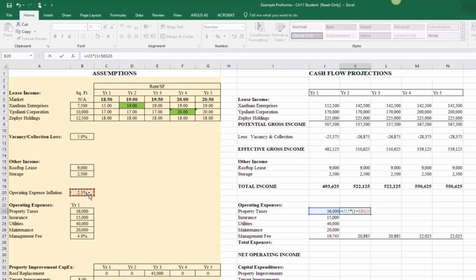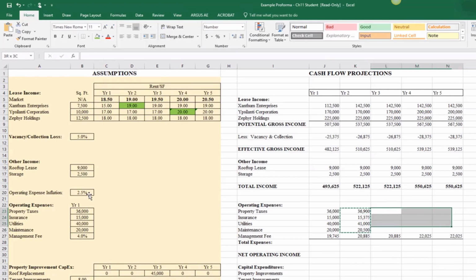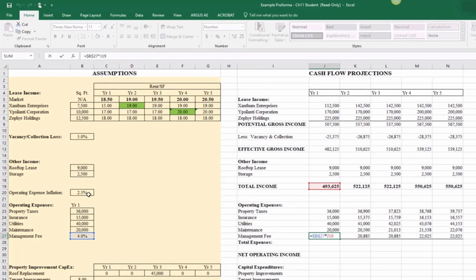I'm going to hit the F4 key to lock that in, and I do indeed get the 2.5% growth right there, and I can copy that down to each of these cells, and it's growing at the appropriate rate, 2.5%. If I copy that now all the way across, I've got my expenses inflating over time, and so everything looks good. The one different one here is the management fee, and again, that's just 4% of total income.